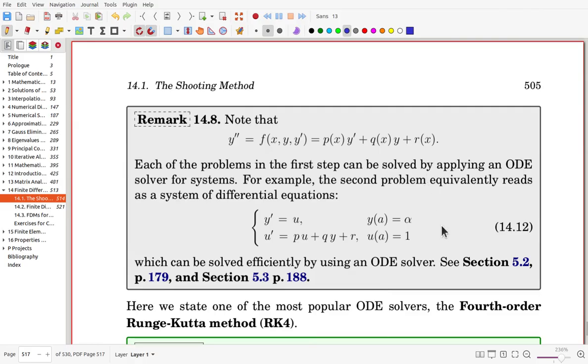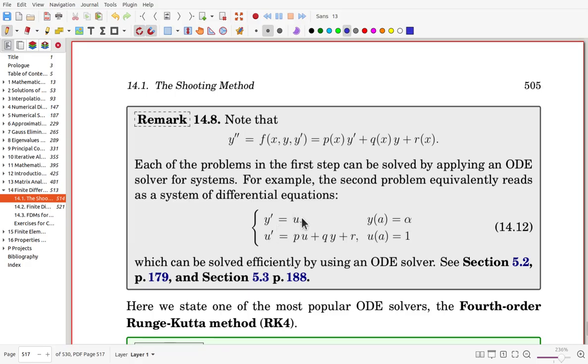Okay, we have a remark. Once we try to solve this second order ordinary differential equation, we may use some standard solvers for only first order differential equations. In order to do that, we may introduce an extra variable, for example, y prime is u.